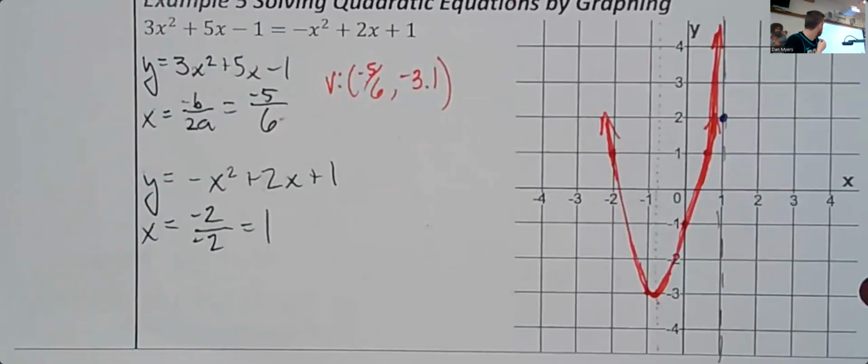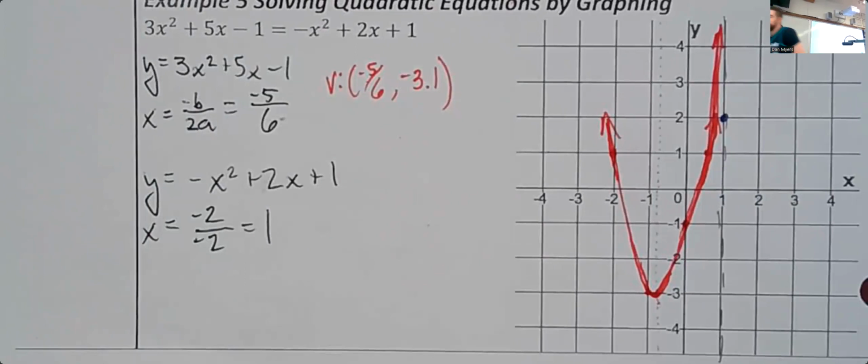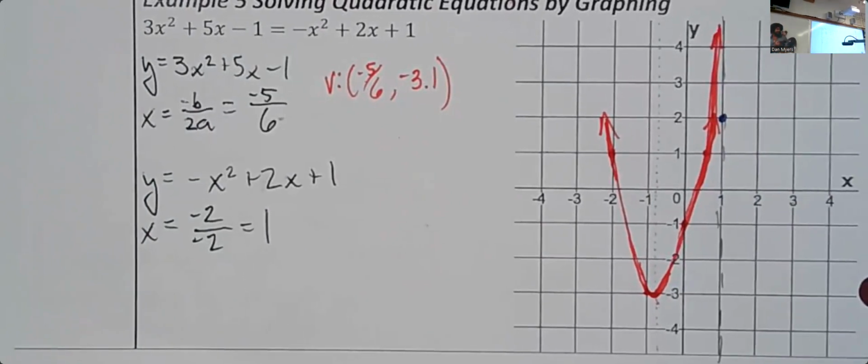So if we flip this upside down, this is going to be an upside down parabola. And this is a little bit weird because it looks to me like maybe they will intersect. We'll see. Our y-intercept is at 1, so that is interesting. Curious about that.